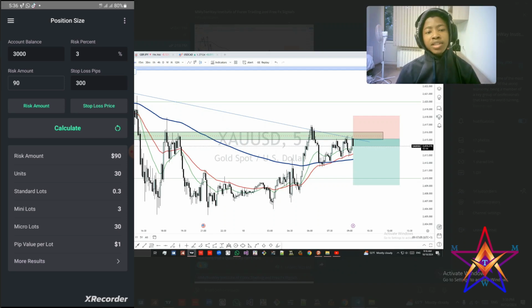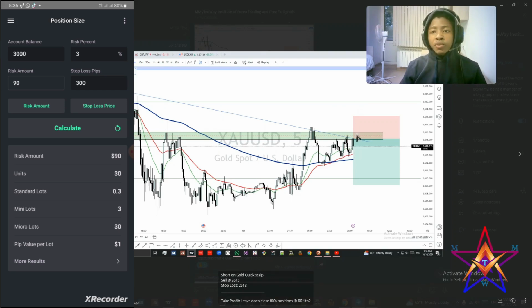When you want to get in after you finish talking to someone, or you are doing something else and say, I'll enter later, you have lost, because your stop loss is going to be big. It is going to have a lot of pips. If you enter at another position because it has already moved, instead of a 300 pip stop loss, maybe now you have a 600 pip stop loss.